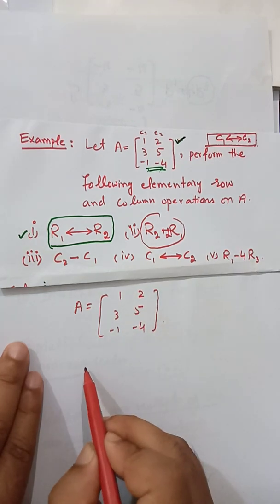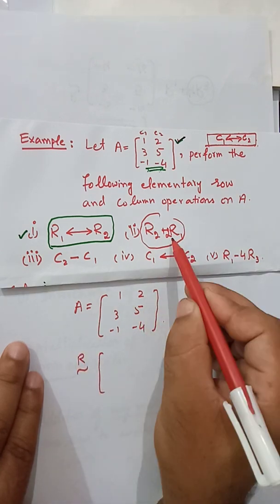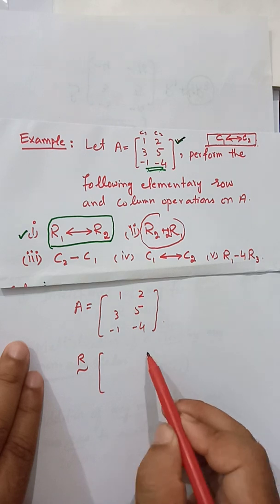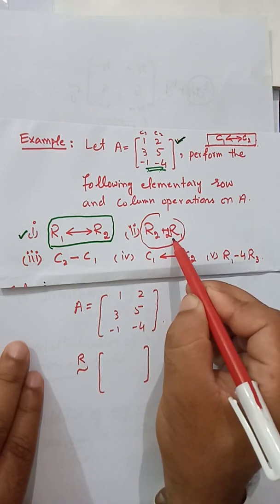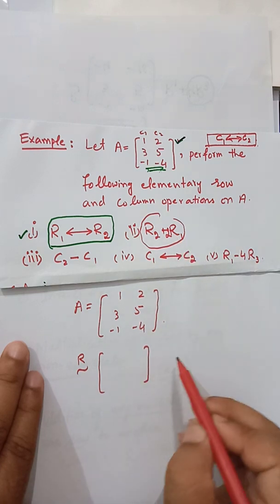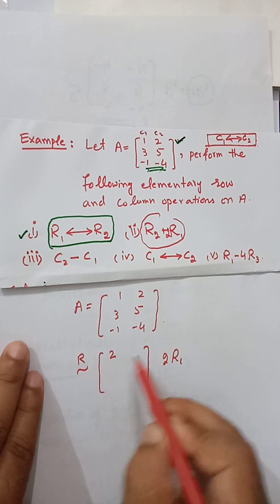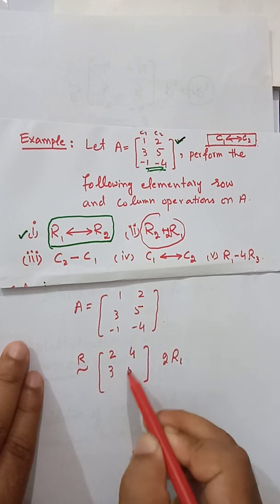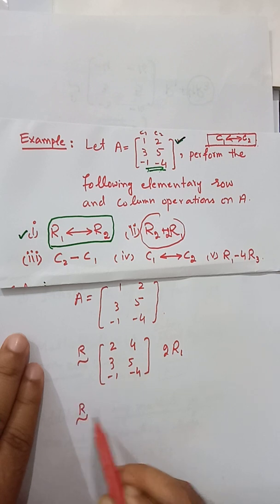Now the first step is you need to multiply R1 by 2. You see that 2 multiplied by R1 will become 2 4. The rest are 3 5, minus 1 minus 4.